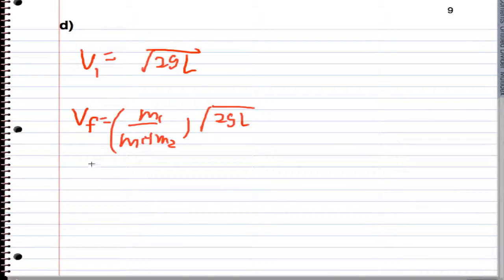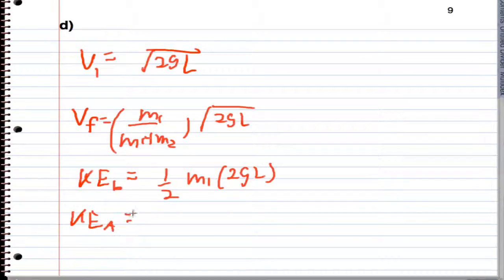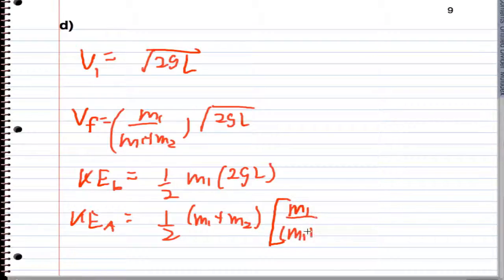If I want to compare the kinetic energies, KE before is going to be 1/2 times m1 times the square root of 2gL squared. And KE after is going to be 1/2 times (m1 plus m2) times m1 over (m1 plus m2), squared, times 2gL. I need to get this ratio, which ends up being pretty obnoxious.